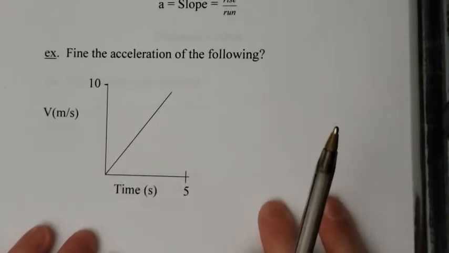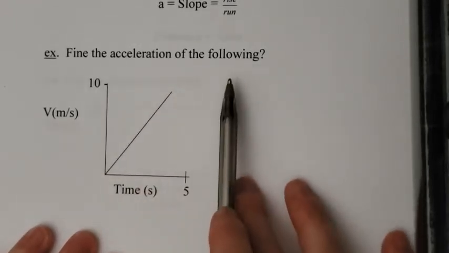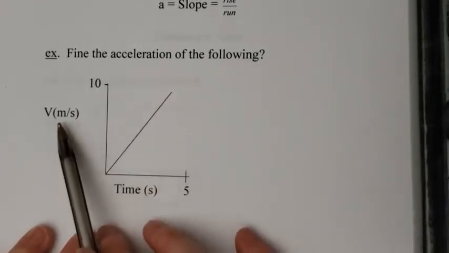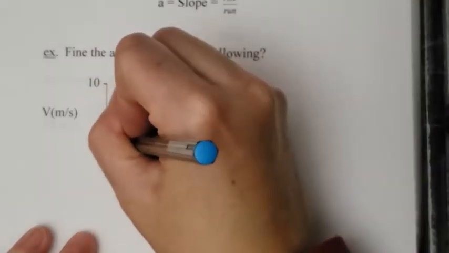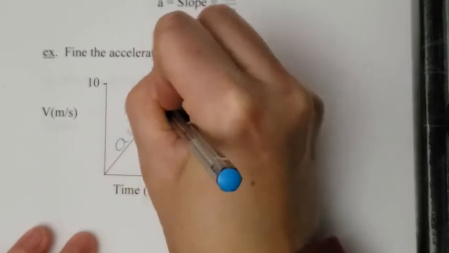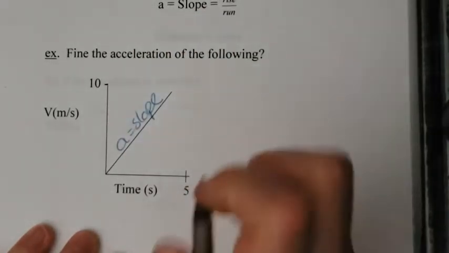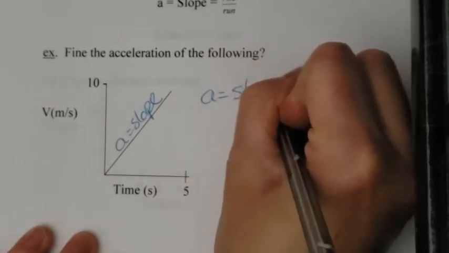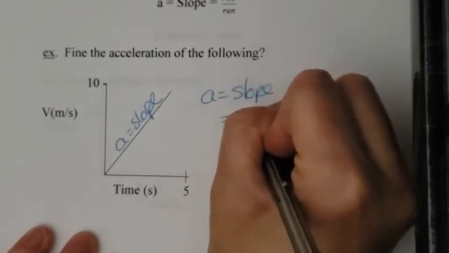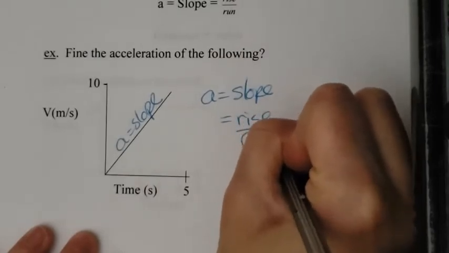Now let's try another example. It says find the acceleration of the following. Well, what do I have here? I have a speed time graph, which means if I find the slope, that will actually give me the acceleration. So let's write it down. Acceleration is equal to the slope, which is equal to the rise divided by the run.